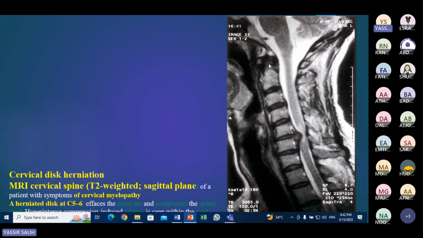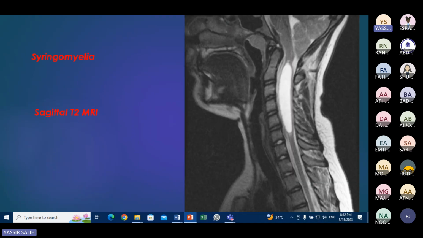This is 1, 2, 3, 4, 5, and this is 6, between 5 and 6. This is the herniated disc. This image also shows the herniated disc at the level of C5 C6 in this MRI cervical T2.